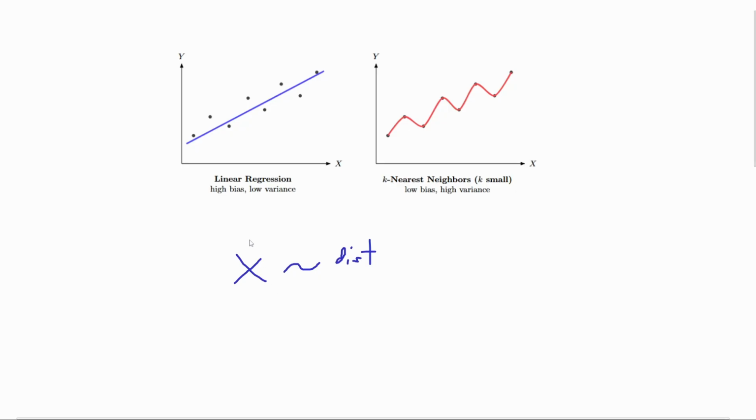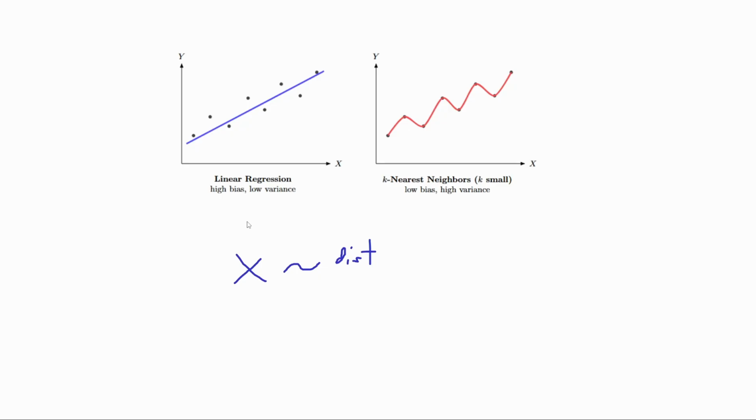Now, if we resample X a lot of times, then we might get different data points. What we're really trying to do, which we'll talk about later, is generalize to new data that comes from this distribution. And when a model is able to stay sturdy across resampling of different data from this distribution, we say it has low variance.